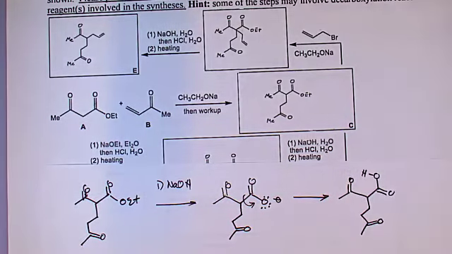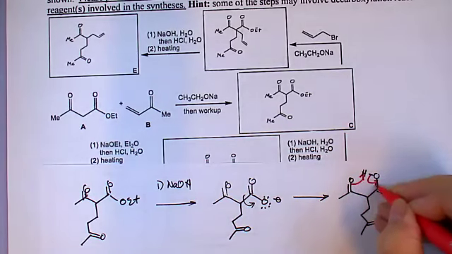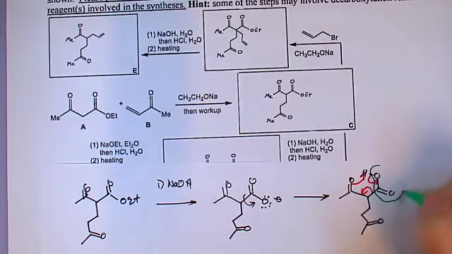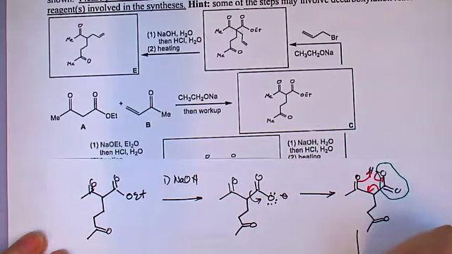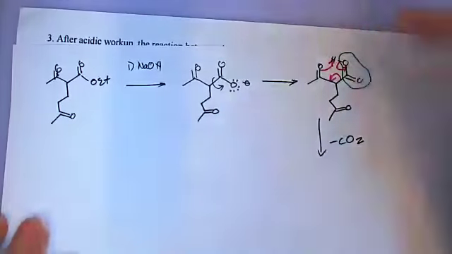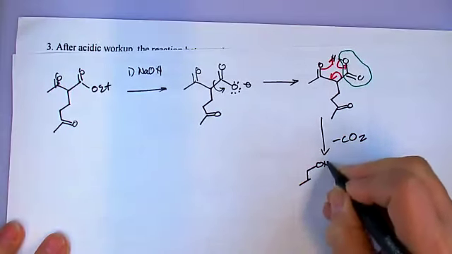decarboxylation step. The decarboxylation step, similar to what we did before, is this. And now we're losing carbon dioxide. I'm going to form minus carbon dioxide. Let's do it here. Okay, now I have, this is going to be OH.